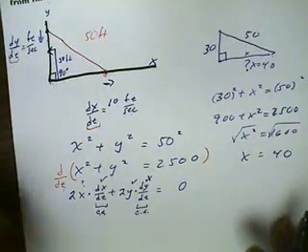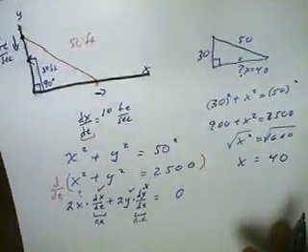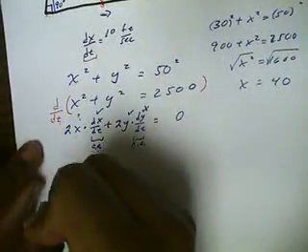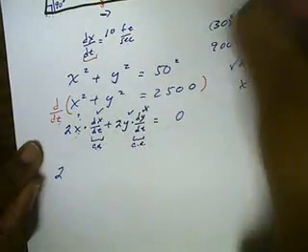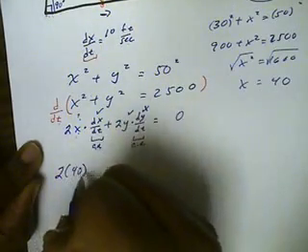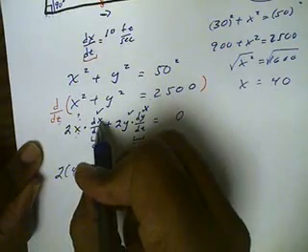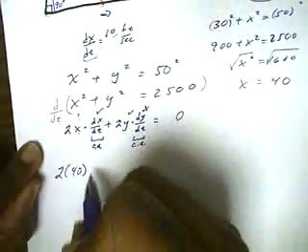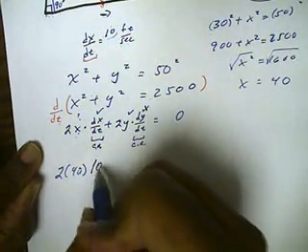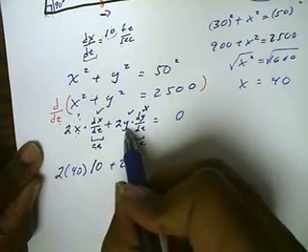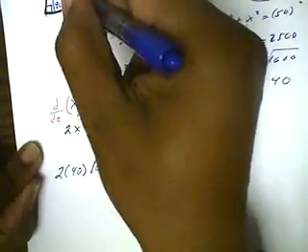So let's go ahead and put all those values in. So 2, the x value, which is 40, the dx over dt, which is 10, plus 2, and the y is how many feet, which is 30.